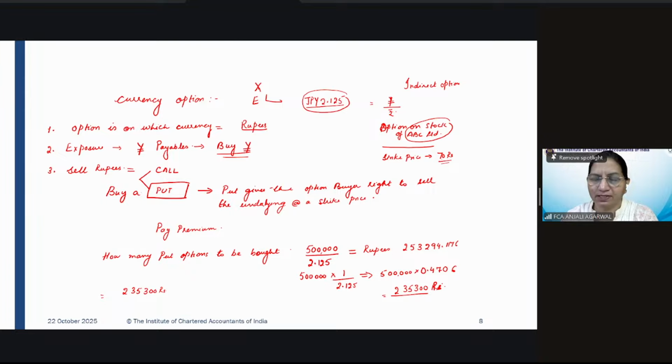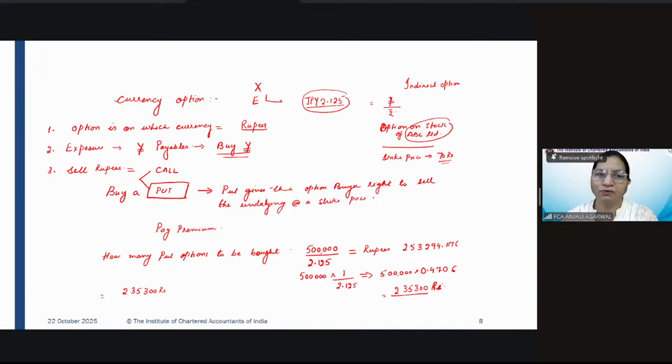That's the strike price. Your exposure is in yen. So yen is payables, which means you want to buy the yen. Buying yen is equivalent to selling rupees. So for selling underlying, if you want to be a buyer of an option contract, it's the put option.